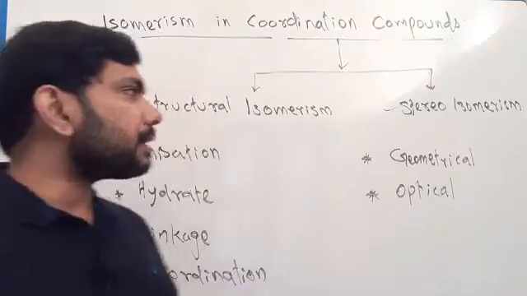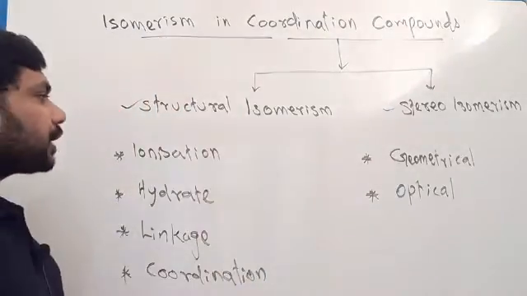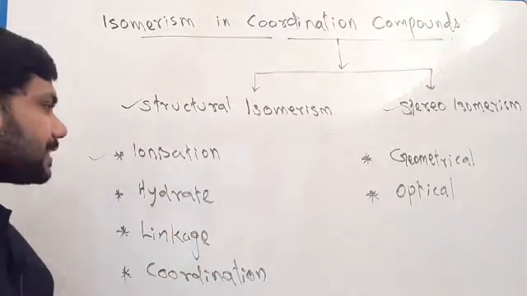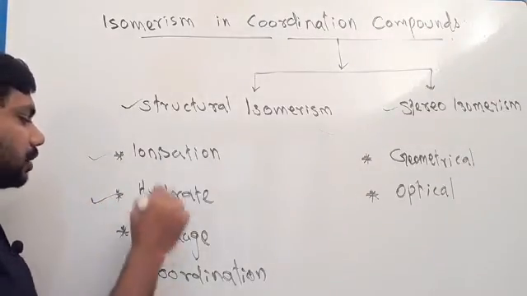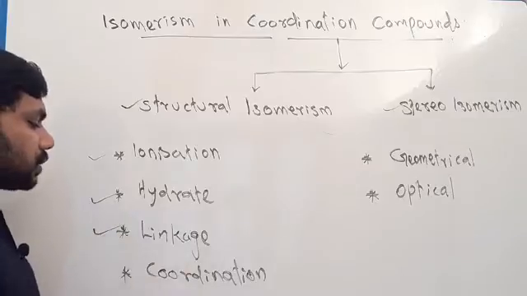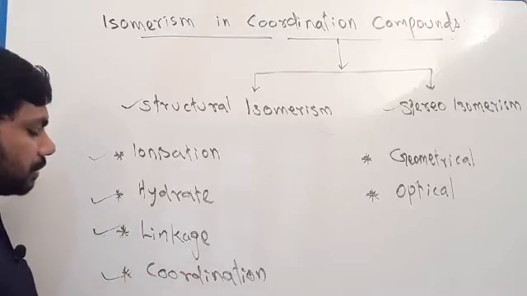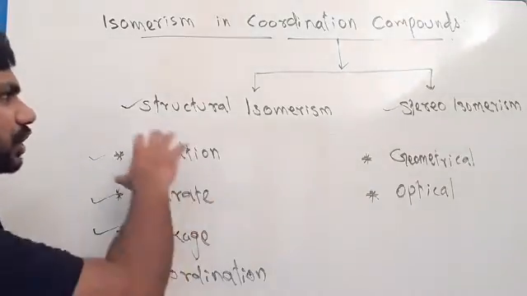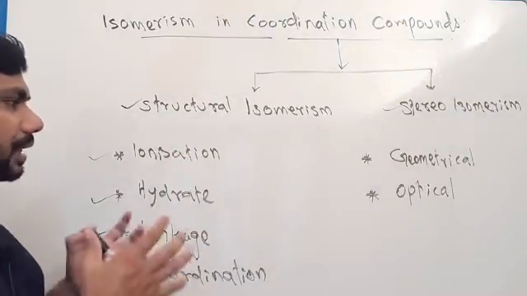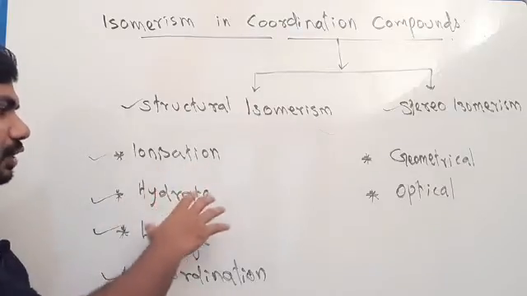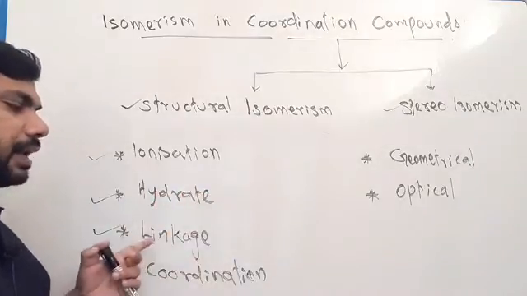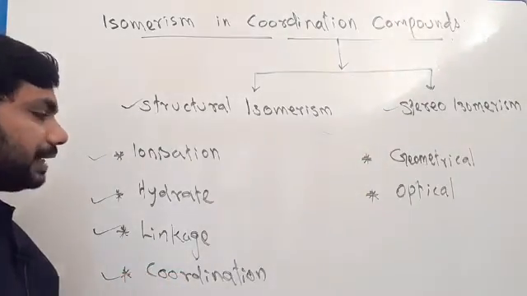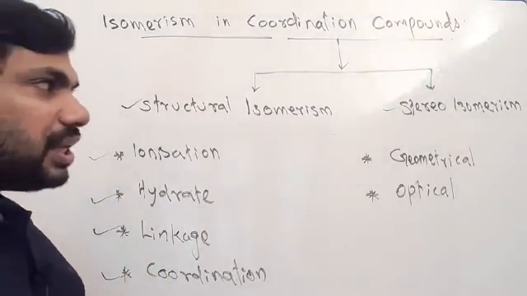Structural isomerism again has different types: ionization isomerism, hydrate isomerism, linkage isomerism, coordination isomerism, and ligand isomerism.